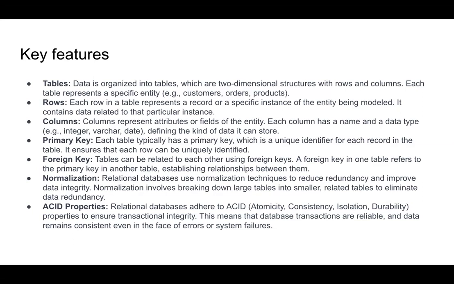Then we have normalization. Relational databases use normalization techniques to reduce redundancy and improve data integrity. Normalization involves breaking down large tables into smaller, related tables to eliminate data redundancy. When designing a website, data redundancy is a very big issue because that takes up too much space.